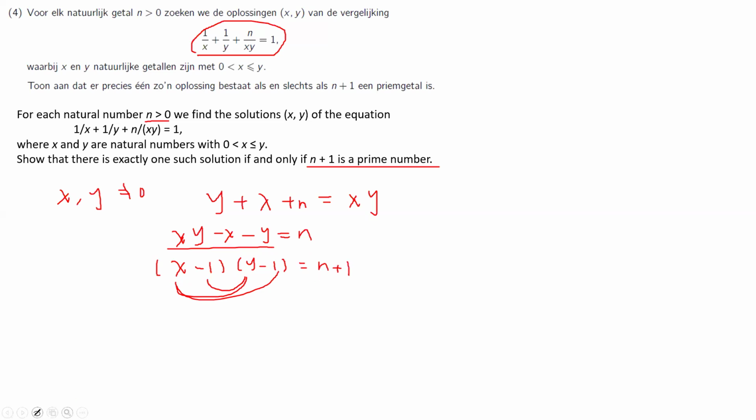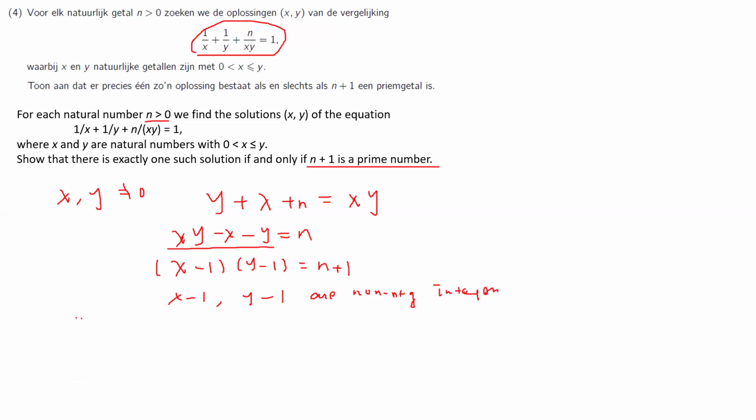So we have such an equation. And it is clear that x and y are positive integers. So that means x minus 1 and y minus 1 are also non-negative integers, right?